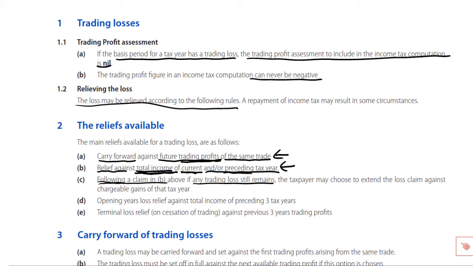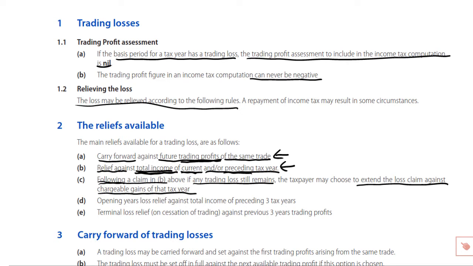But if you've made the claim for either of these tax years and you still have loss left over, then for the particular tax year for which the claim against total income has been made, you can extend the loss claim against the chargeable gains of that tax year.